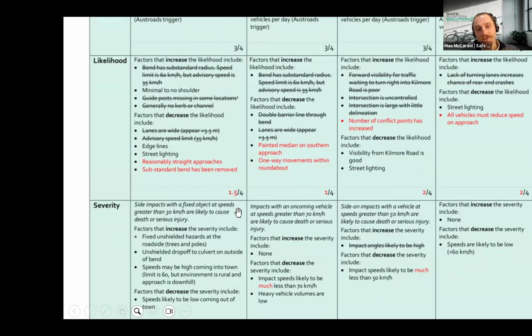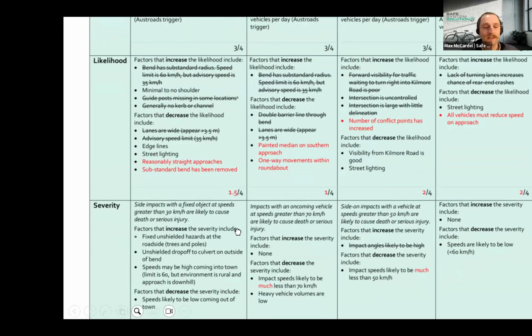I actually prefer to cross off the previous score here as well, just to also make it obvious. So this went from a score of, I can't remember, I think it was 2.5. This went from a score of 2.5 to 1.5, just to make things easier for the reader as well, not going back and forth.